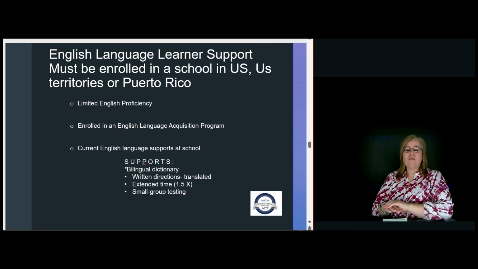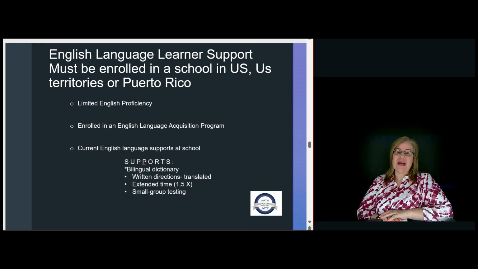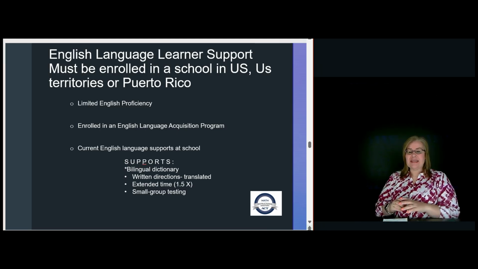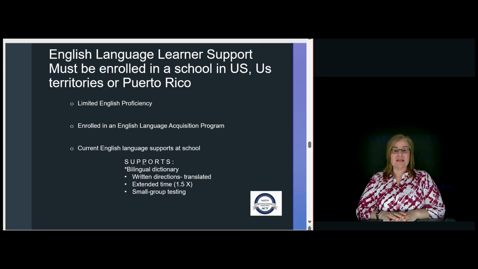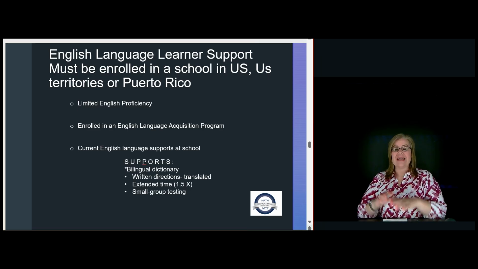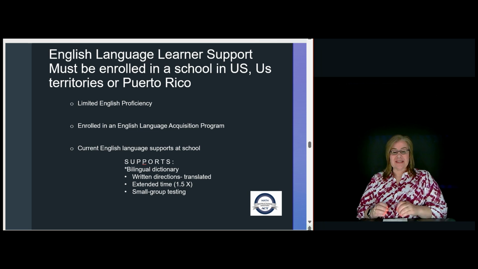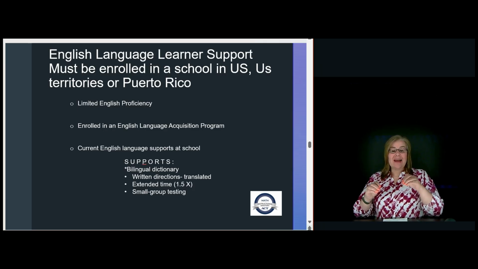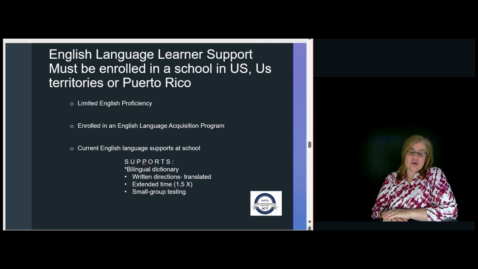Now, we have what are called English language learners, and we have support for those individuals. Again, they must be enrolled in a school in the U.S., U.S. territories, or Puerto Rico. They do have a limited English proficiency, which allows them to be classified as an English language learner. They are enrolled in an English language acquisition program, and they are in a current English language support at their school.